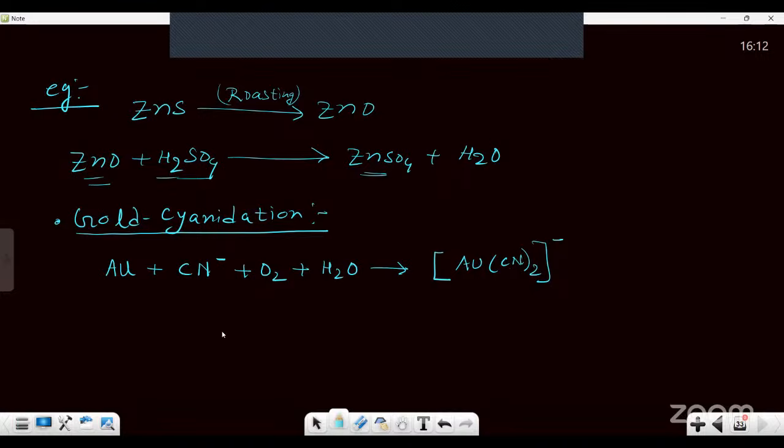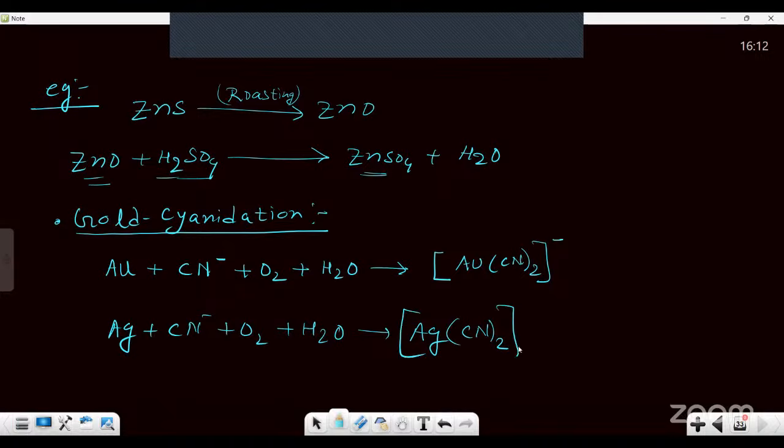Similarly, for silver also, you can use cyanides. In the presence of oxygen and water, you will get the silver cyanide complex.